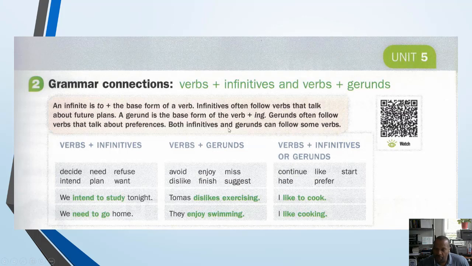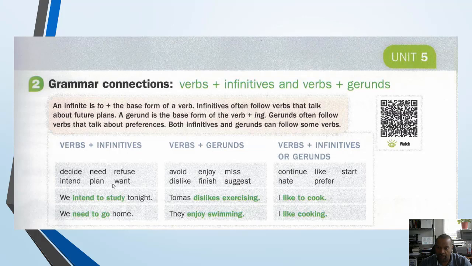Let's break this down. An infinitive is the base form of the verb. In our column here where it says verbs plus infinitives, an infinitive would be study. That is the base form of the verb.